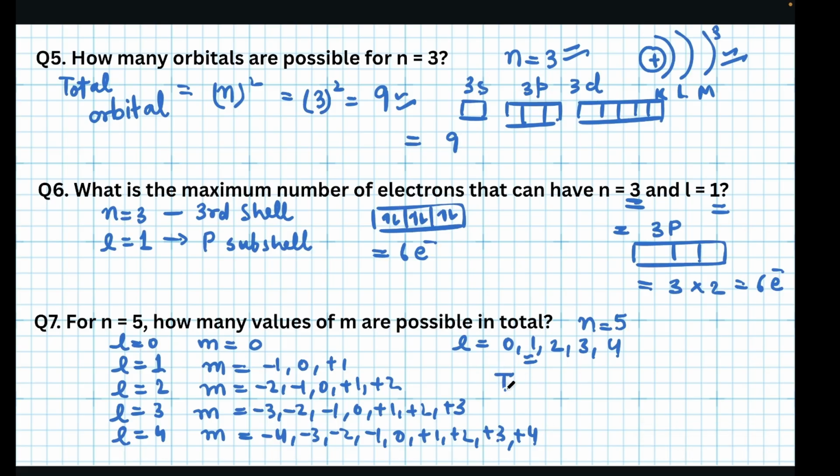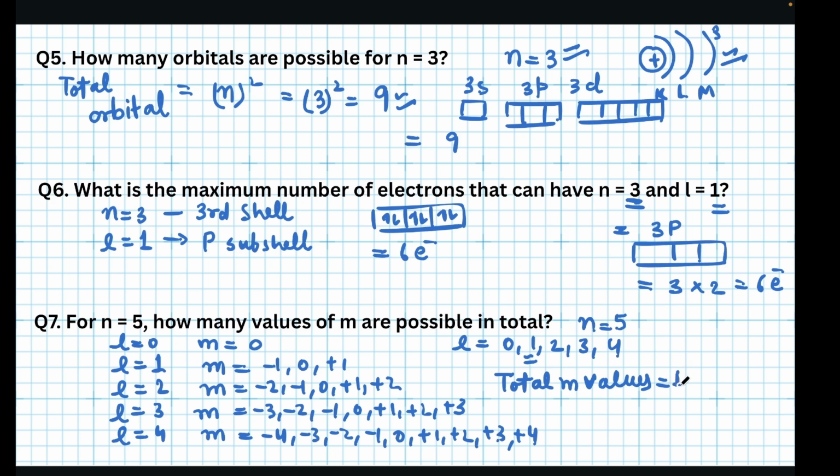So total m values will be, like for l is equal to 0, the number of values of m is 1.